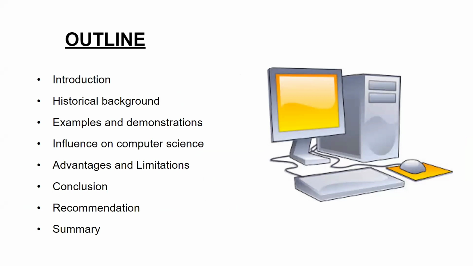Moreover, we will present advantages and limitations regarding the Turing machine concept, arriving at a conclusion and ending our presentation with recommendations. So this concludes the outline of the presentation, and let me hand over the presentation to Sandun to proceed with the introduction.